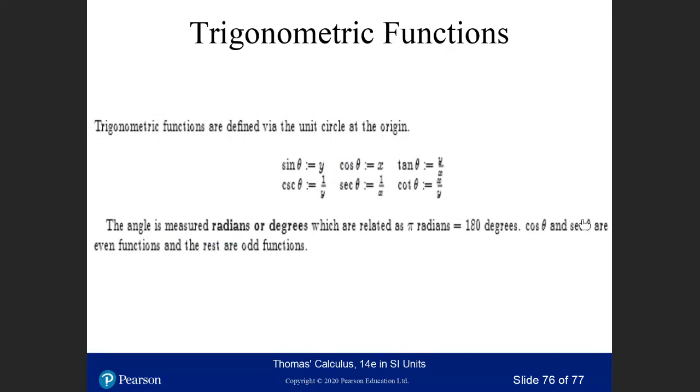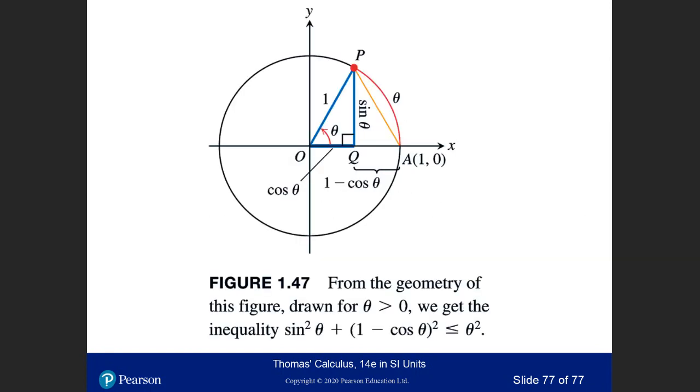The trigonometric functions are defined by the unit circle at the origin. If you have a unit circle at the origin, and if you have a theta, that's a unit circle at the origin, and this is the angle theta.